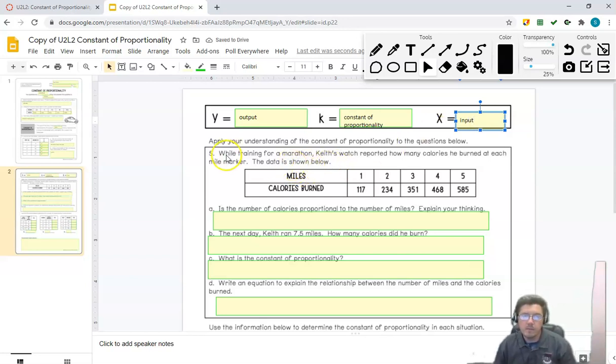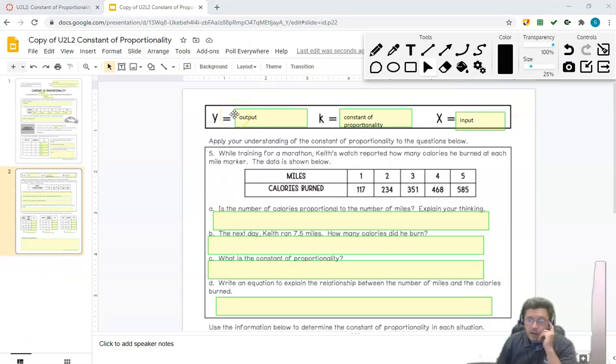This is new vocabulary that we're going to be using often, related to functions. We can think of our y values on our graph, and x can be represented as the x values on a graph or on a table.